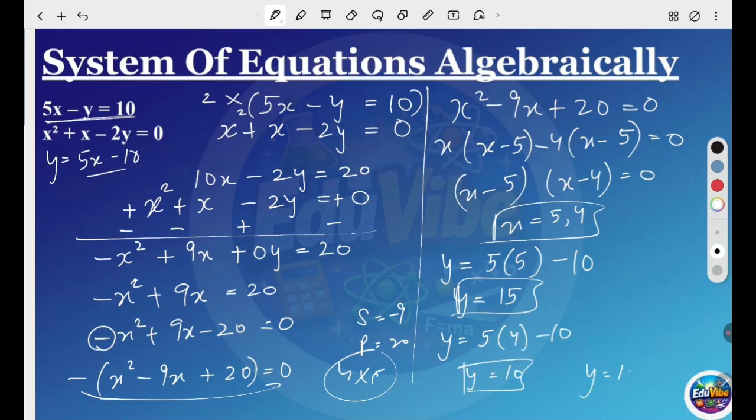So we have the y values of 10 and 15. So these are the x values from elimination, and these are the y values, which are the same values which you get. If you want to verify this, put those two values in this first and get 0, and these two on this to get 0.